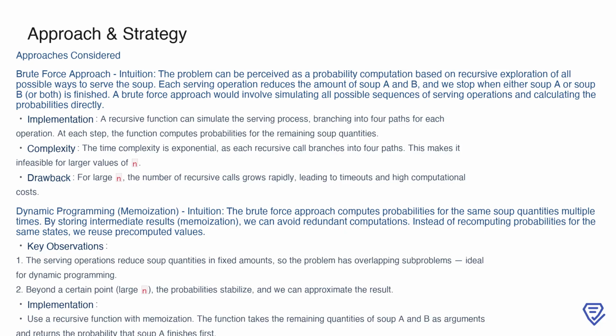The dynamic programming implementation involves a recursive function with memoization, where we calculate probabilities based on the current quantities of soups A and B and define base cases for when one or both soups are empty. This significantly reduces computation time compared to brute force while maintaining accuracy for moderate values of n.